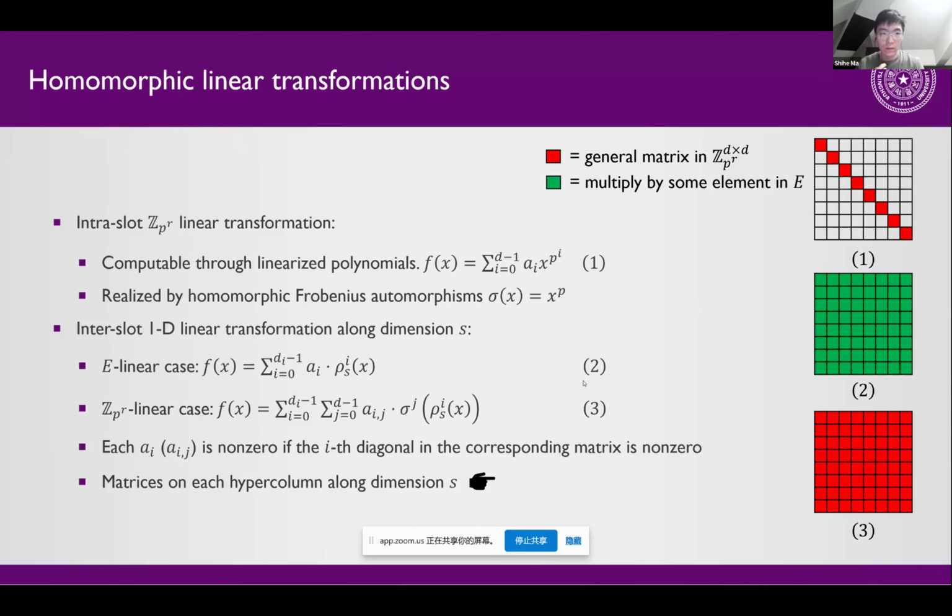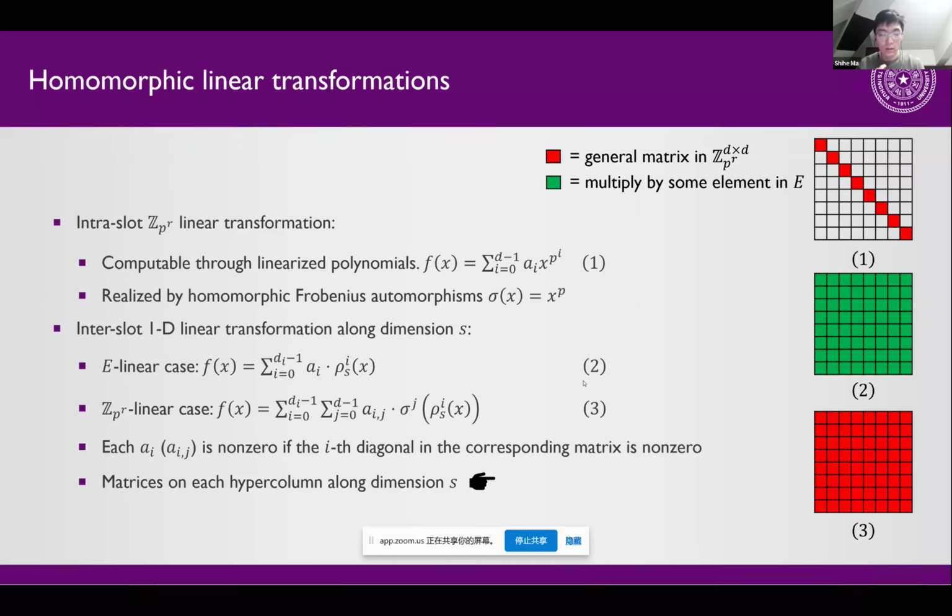Here are some basic types of homomorphic linear transformations. The first one is the intra-slot Z_{p^r}-linear transformation. It can be expressed as a linearized polynomial, which is computed by some Frobenius automorphisms.